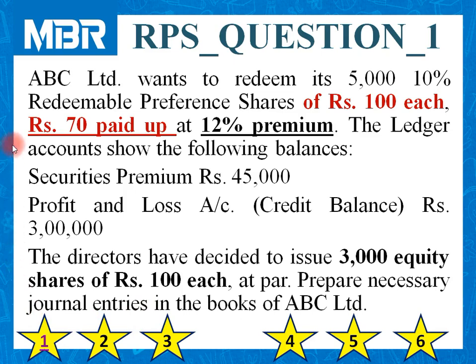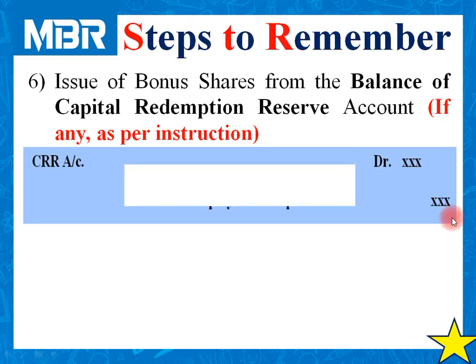After discussion of the fourth step, that is adjustment of RPS redemption premium, now we are at the point of payment to RPS holders. So our step number 5 is all about amount paid to the RPS holders.